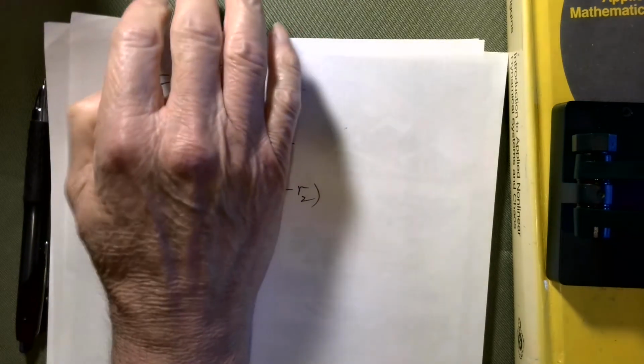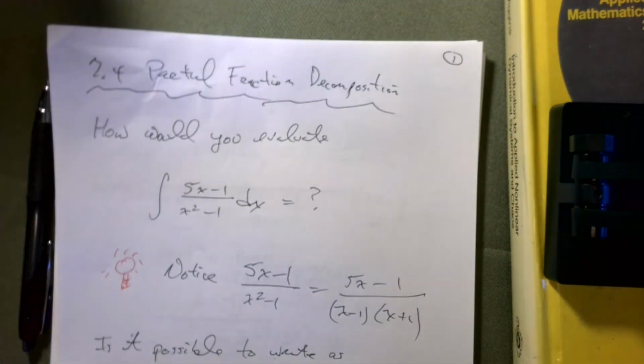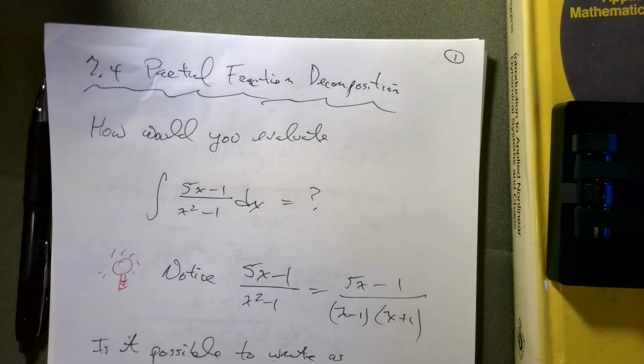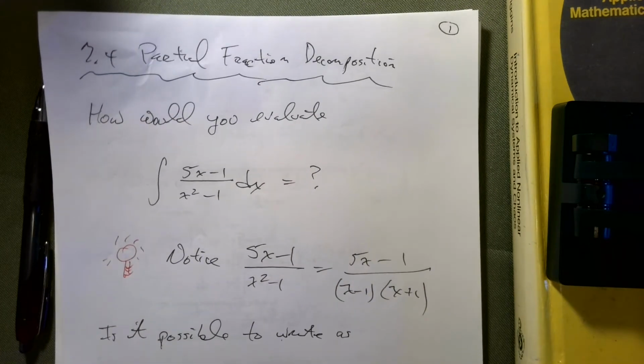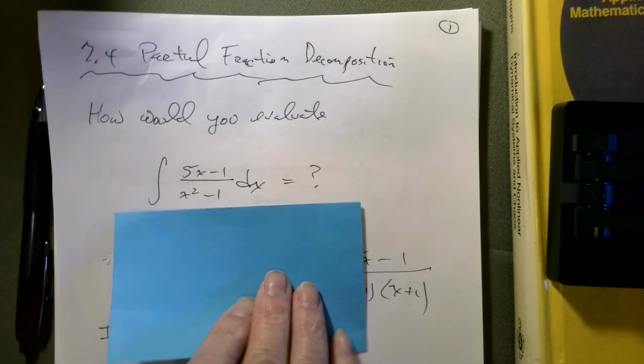And so the point of that little diversion is the following. So this is section 7.4 on partial fraction decomposition.